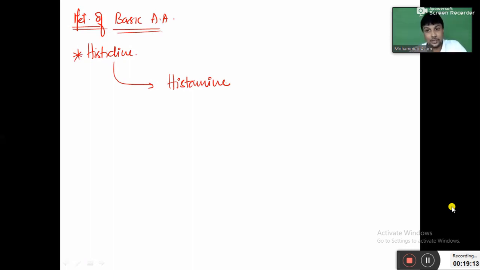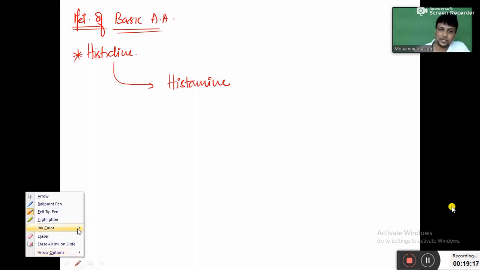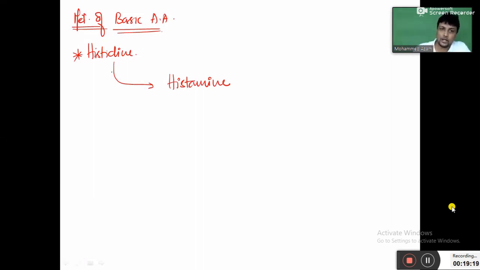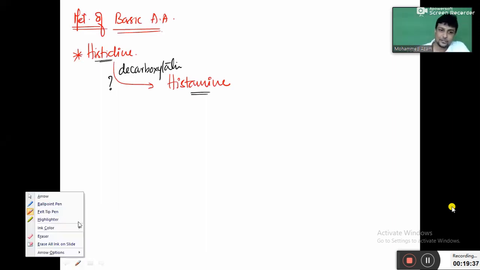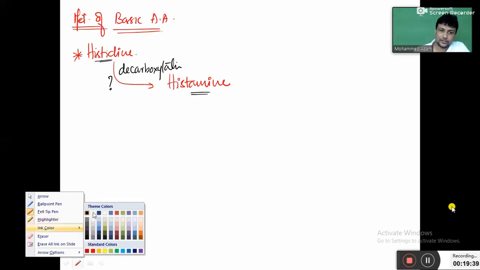So histamine is actually formed from histidine, and in your MC exam they have asked how histidine is converted to histamine. Remember, by decarboxylation, by removal of carbon in the form of decarboxylation. So histidine forms histamine by decarboxylation.